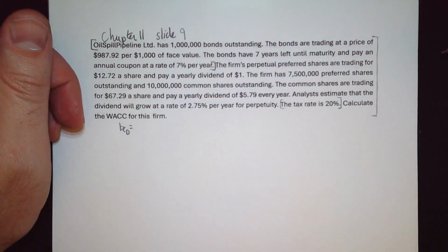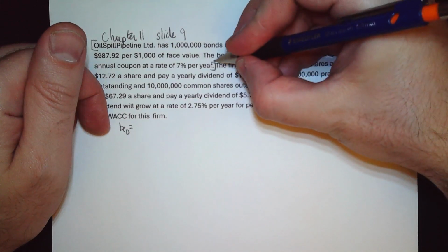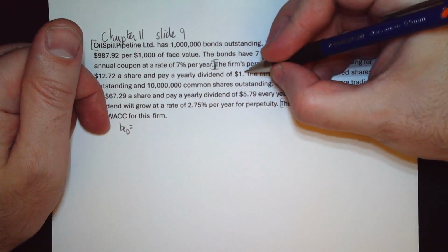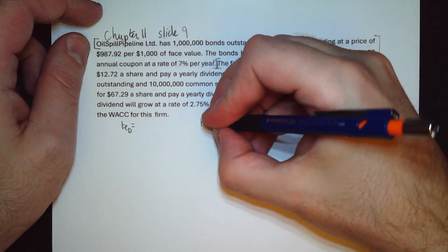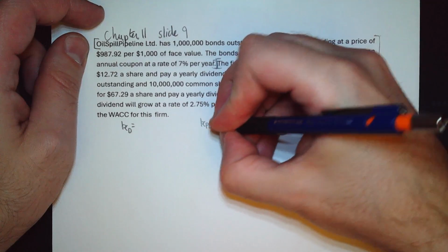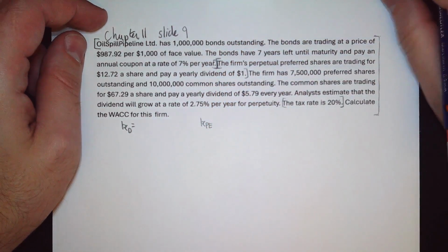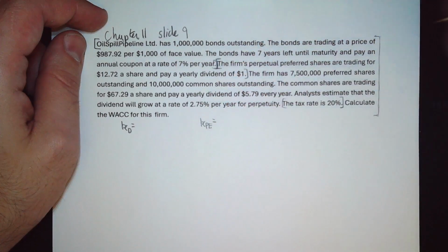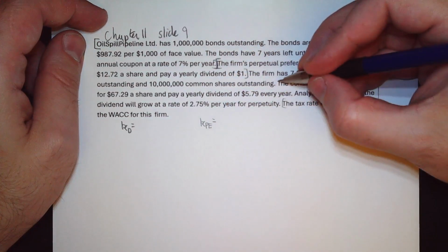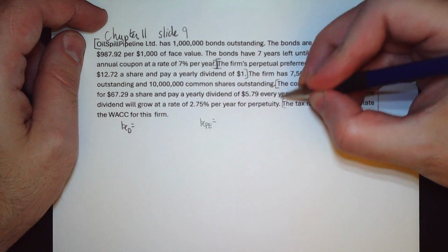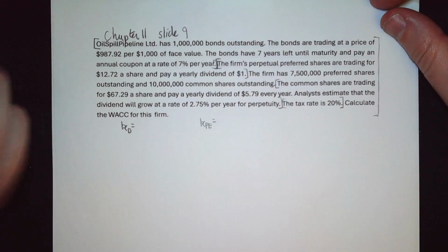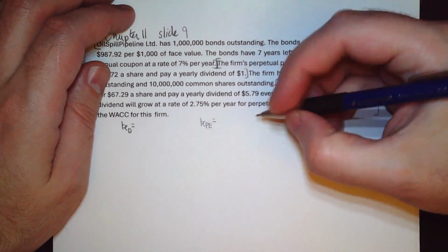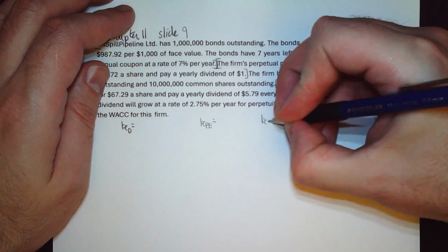The next information, from here all the way to here, that's the information we had in order to calculate KPE, the required return on preferred equity. Finally, the information we have here all the way to here, that's the question we had in the previous video that allowed us to solve for KCE.